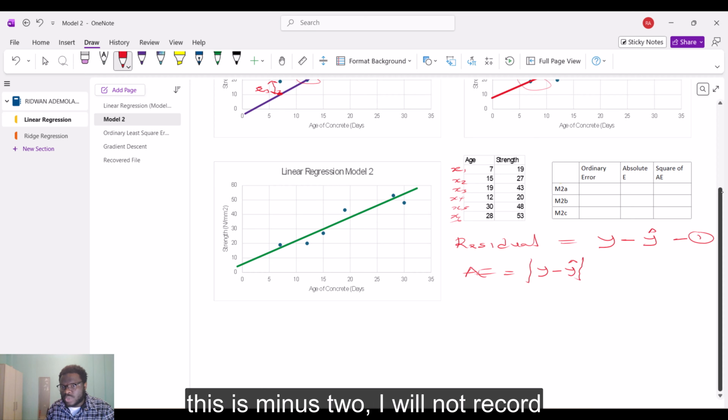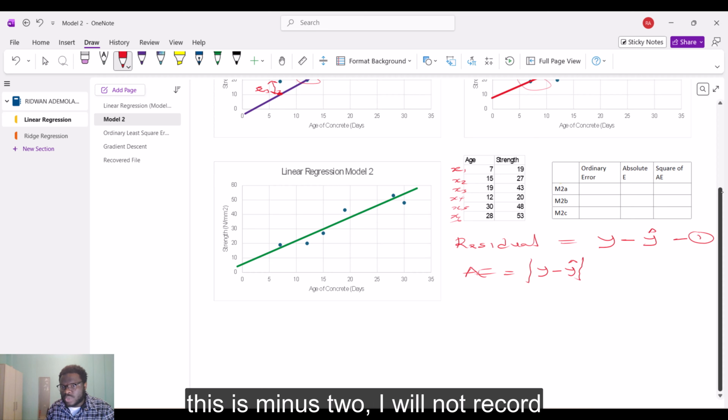Then the third one, so let this be equation 2, the third one, which is square of errors, let me say square of absolute error. This is simply y minus y hat, take the absolute and then square it. So this is the third type of error that we have here.